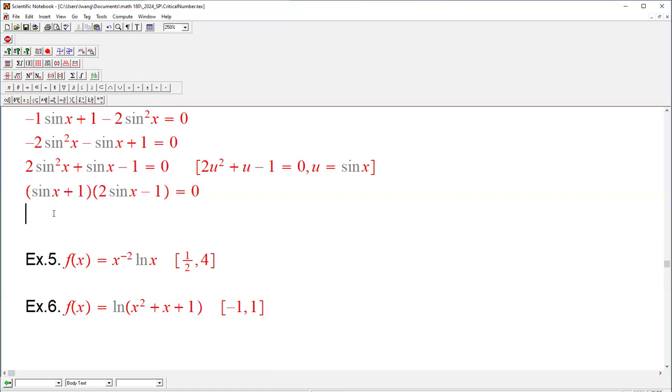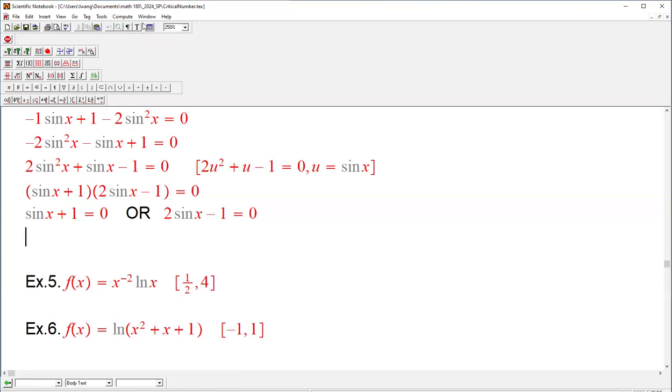We have this product, so we can apply principle number 5: sine x plus 1 equals 0, or 2 times sine x minus 1 equals 0. Now sine x equals negative 1, or on this side, sine x equals 1/2.